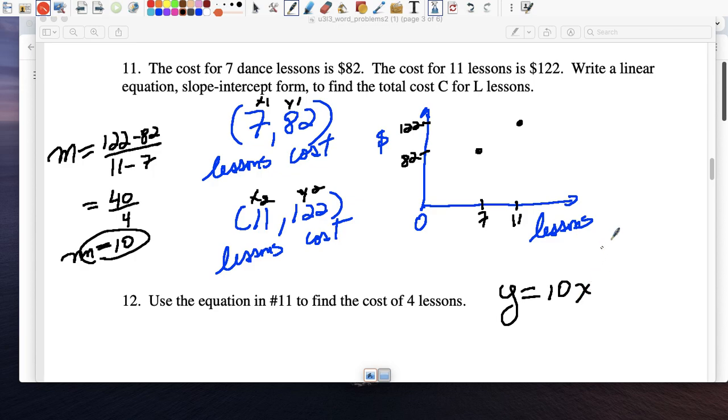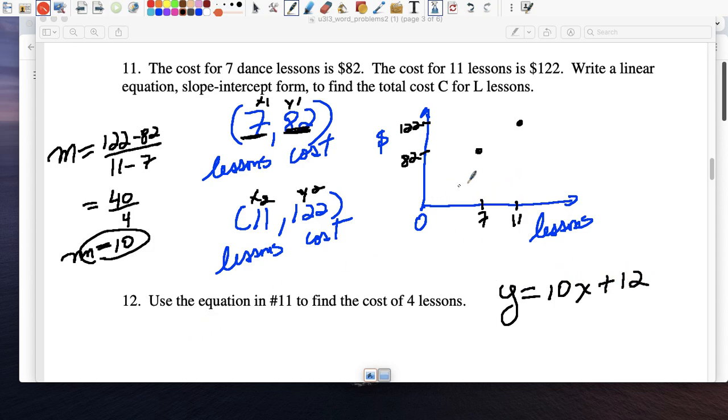So every lesson is $10. Now, if you plug in 7 over here, you get that 10 times 7 is 70, but they're telling me it should be 82. So there is an adjustment that we're going to make, and the adjustment is plus 12, right? So we can clearly find that.